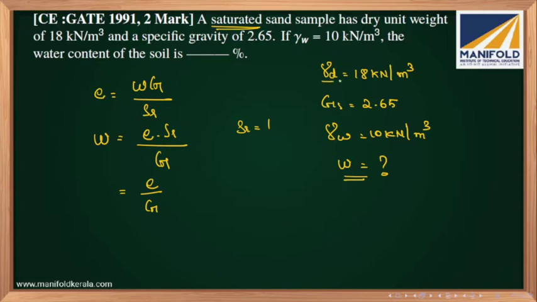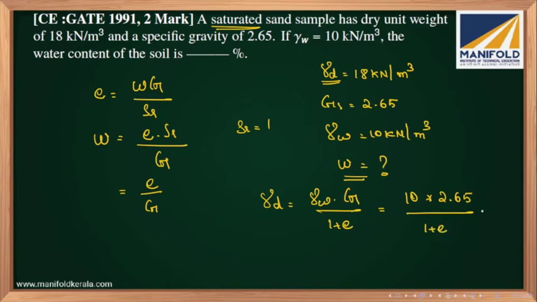Instead of giving e, they have given gamma_d. Using our basic relationship, gamma_d = gamma_w G/(1+e), where gamma_w is equal to 10, G is equal to 2.65, and gamma_d is given as 18. By solving this, we get an e value of 0.47.